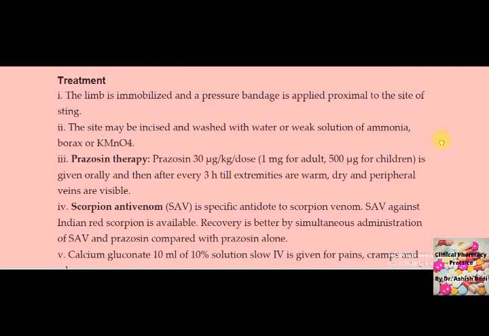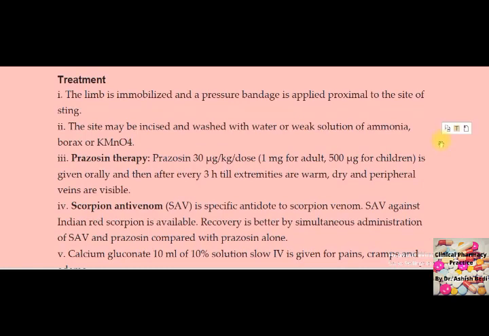What is the treatment? The limb is immobilized and a pressure bandage is applied proximal to the site of the sting. Okay. The immobilization technique is applied here, and the pressure bandage is applied proximal to the site of the sting.